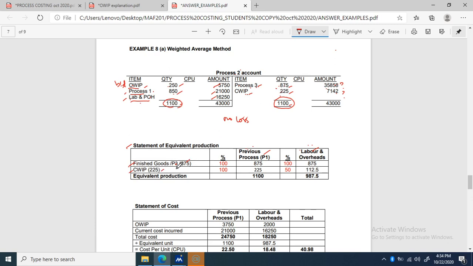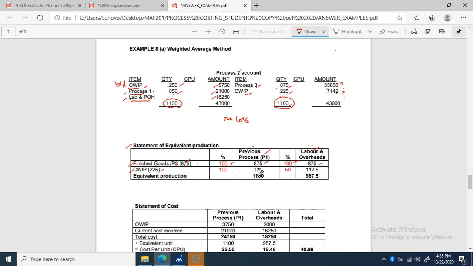Based on the previous illustration, finished goods should be 100% complete, which means all the columns should be 100%. So 100% times 875, we get 875, in both columns. Then we refer to the previous process. What is the previous process?